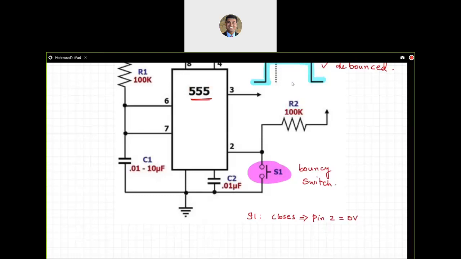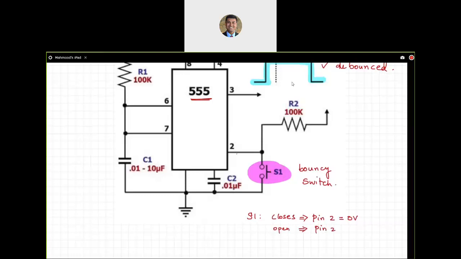Let's see, how about when it is open? When switch 1 is open, it means that pin 2, oh sorry, I switched it. If this closes, that is 0 volts. Yes, if this is open, then that means there is no connection there.